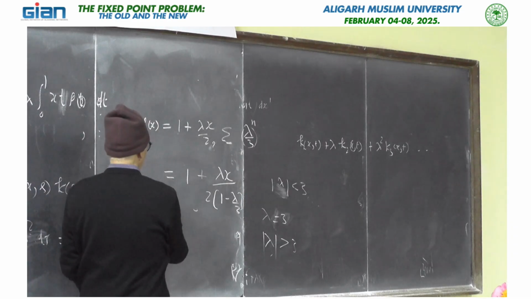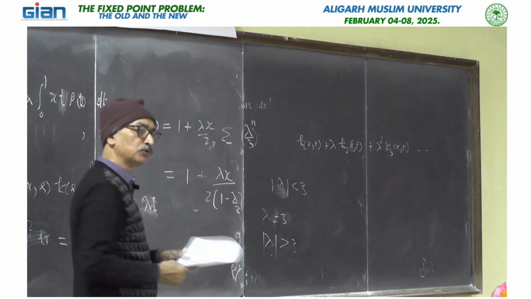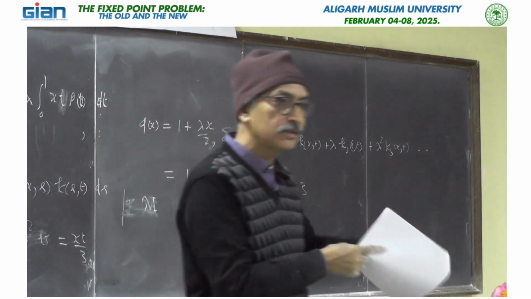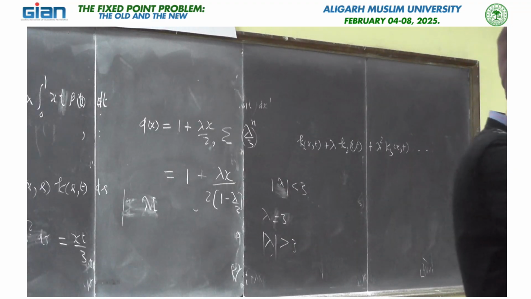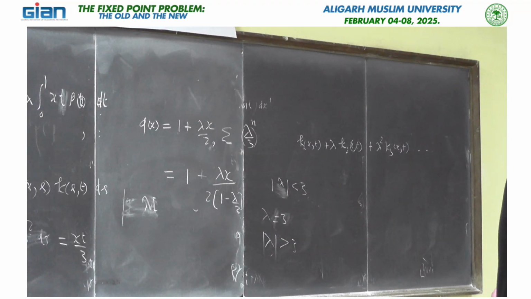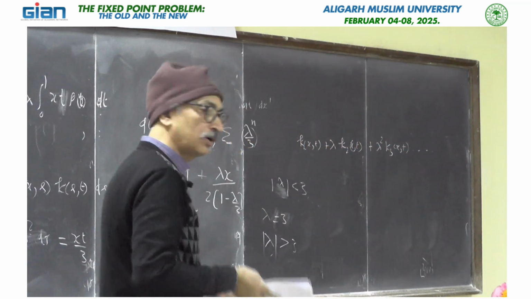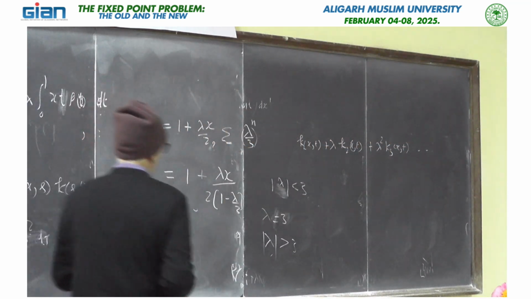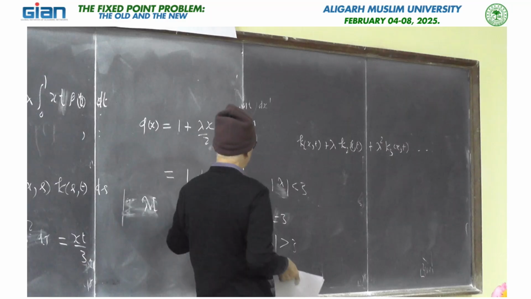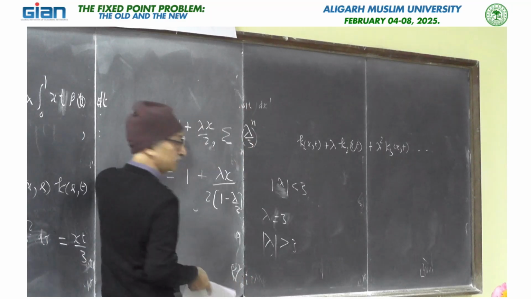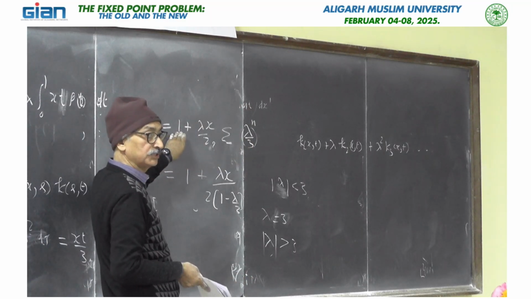It is not clear from this, you have to do something. You substitute lambda equal to 3 and plug it in the equation. You get something on the left side and something else on the right hand side. Okay. So that you have to look at separately. So for lambda equal to 3 no solution exists because of the non-homogeneous term here.